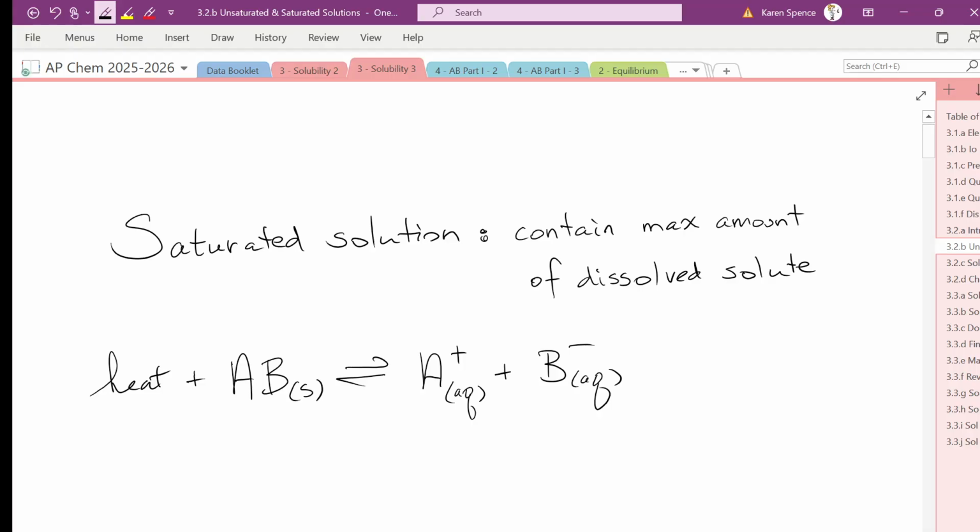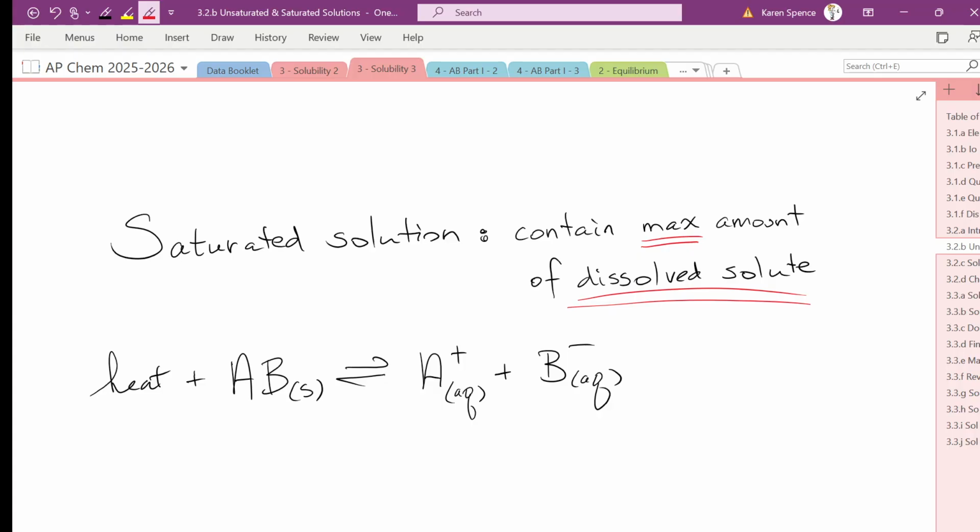But we were just talking earlier today about a situation where we had the maximum amount of dissolved solute, when we were talking about the molar solubility, right?